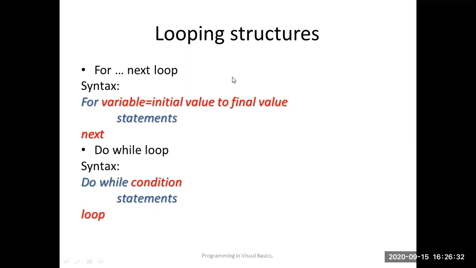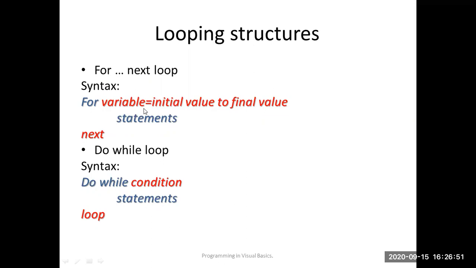The for next loop allows us to repeat a set of statements a fixed number of times. This is the basic syntax for the for next loop: For variable equals initial value to final value, statements, then Next.